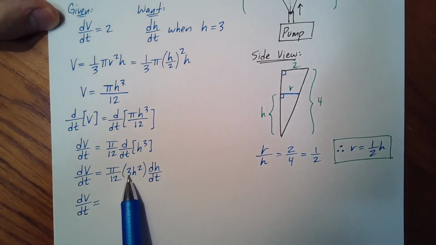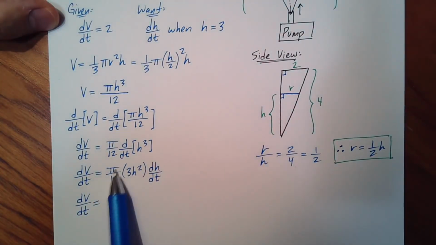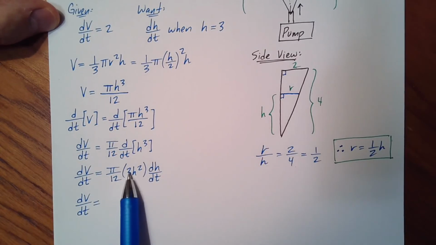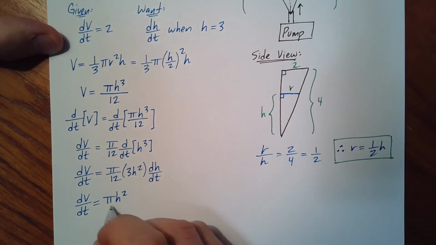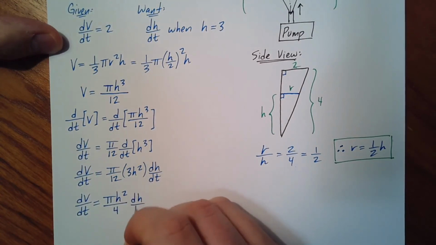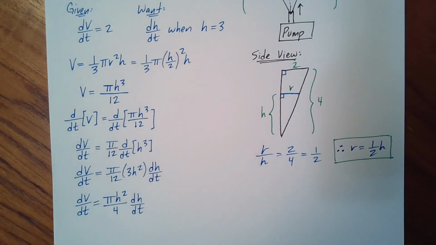Well, we got 3h squared times pi on the numerator. If you reduce this 3 and the 12, that'll just become 1/4, right? And we'll just be left with a pi and an h squared on the numerator. So you're going to have pi h squared over 4 multiplied by dh/dt. And that's about as much as you can simplify this.